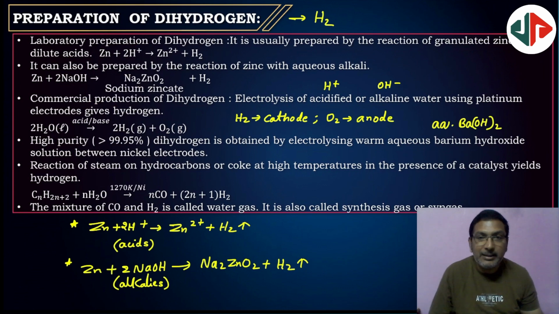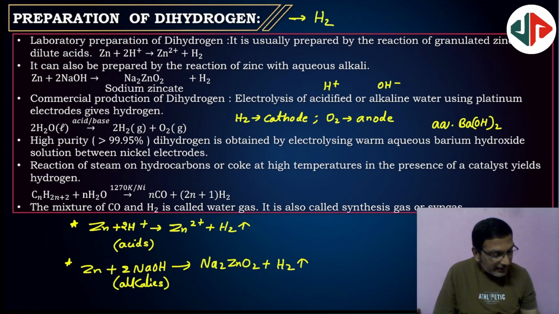Aqueous means that it also contains water. Water with Ba(OH)2. So by using nickel electrodes. Nickel electrodes are also inert electrodes. It gives high purity hydrogen, that means approximately 100%. 99.95 means approximately 100.